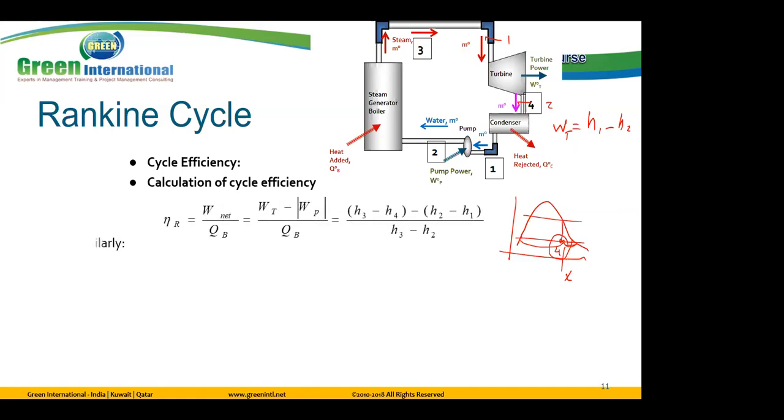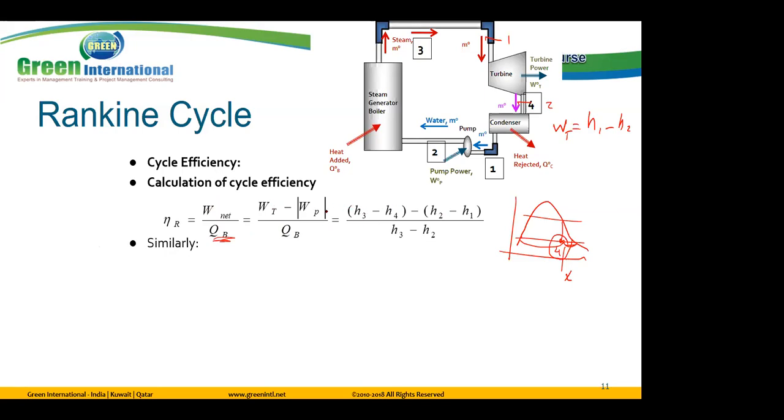So if we substitute this work output, which is equal to work net, equal to work turbine minus work pump, and Q added, this is what you pay, this Q boiler, this Q added. This is the input, Q added.